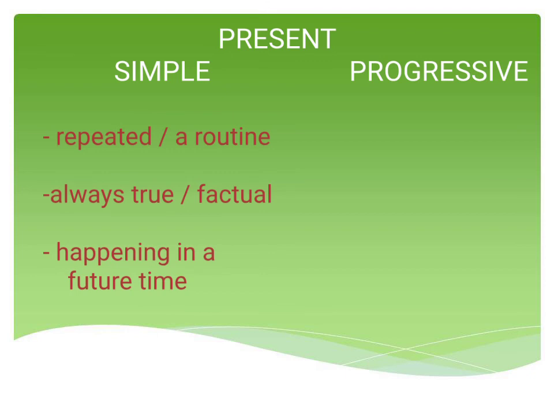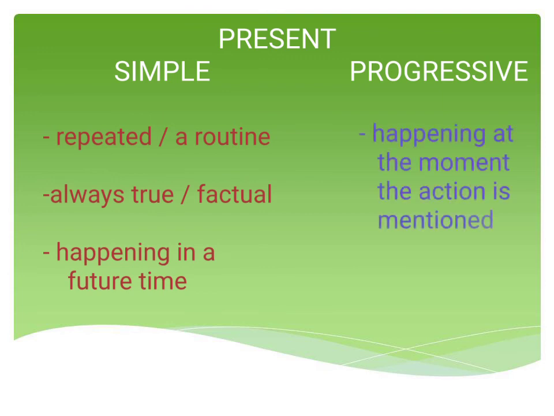And we use the base form of the verb for this. And the present progressive, we use this tense when the action is happening right now, that may not happen again. And the verb is in the ing form.